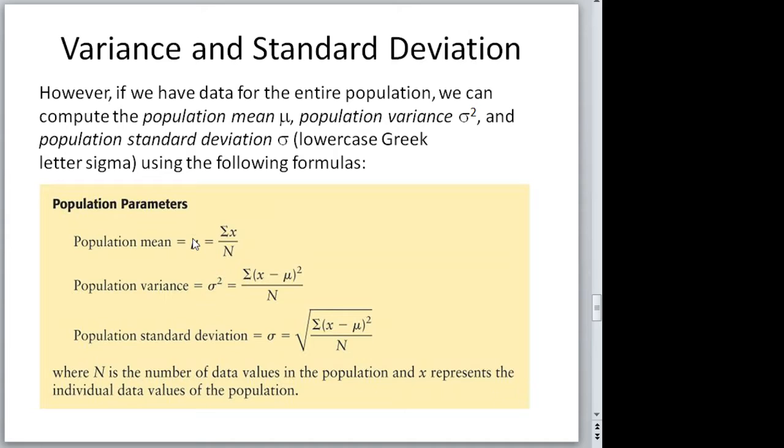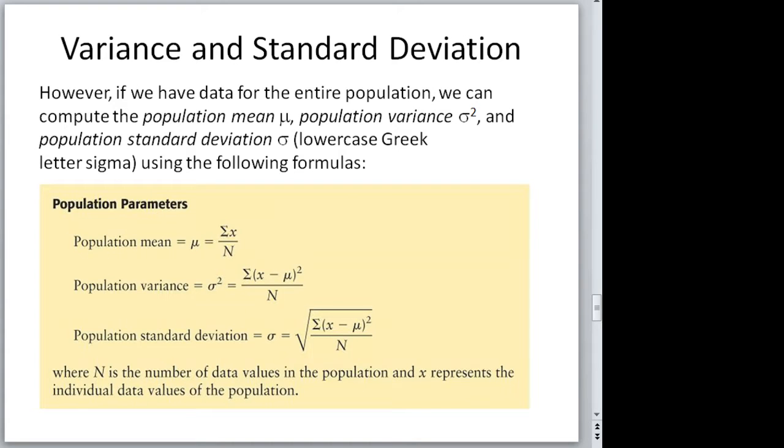This was mu, that's how we read it, mu. So x minus mu, where mu is the population mean. The formula itself is very similar, except that now we are not dividing by n minus 1, but we're dividing by n. That's the main difference between this and the sample, right?